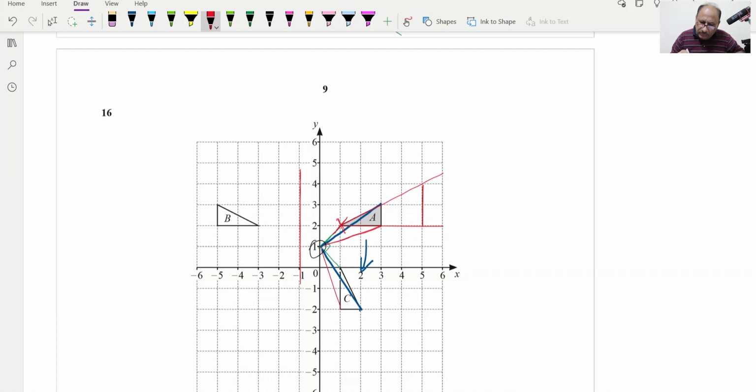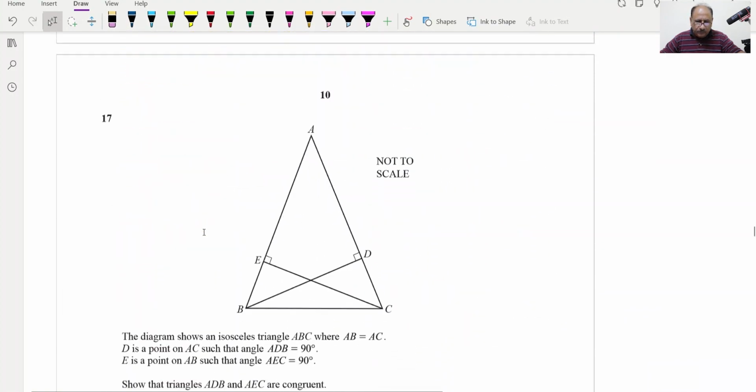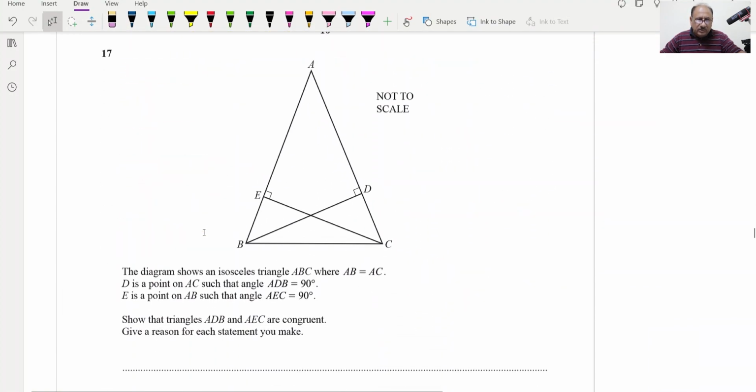The complete triangle, if I shade it, will be this one, which is basically D. So this is the triangle, and these are the new vertices of the triangle. Hopefully you understood this. Now question number 17.